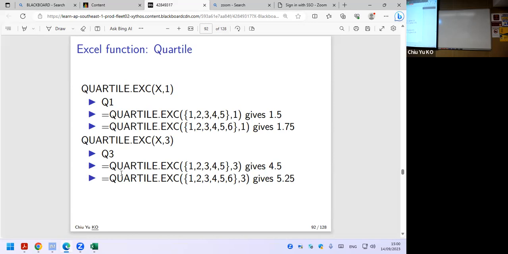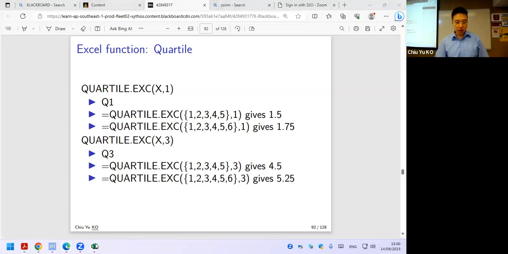There is also quantile include, which is some other way to compare. But the way we learn is quantile exclude, and this explains what we get in the class. If you go back to check the example, quantile exclude, quantile 1 is Q1, 3 is Q3.